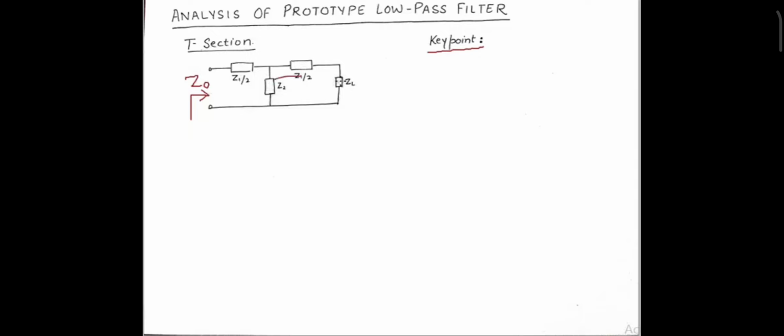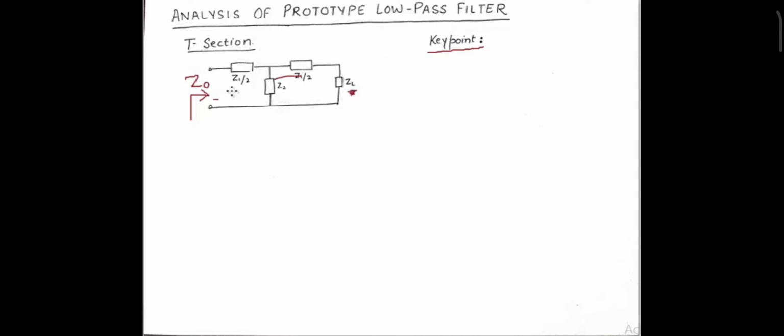If we connect a load here, let us say I've connected a load ZL here, and this Z0 is the characteristic impedance. So this device being a symmetric device, it essentially would mean that we'll need to keep this ZL to be equivalent to Z0. Only then this device will become symmetrical, because Z1 by 2 and Z1 by 2 are equal, and Z2 is the balancing arm in the shunt.